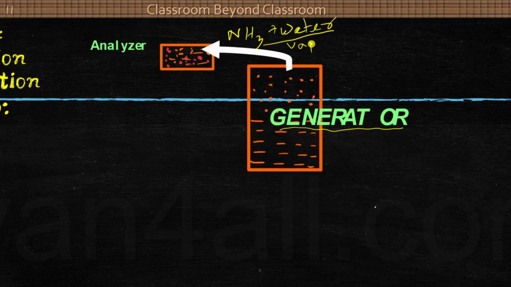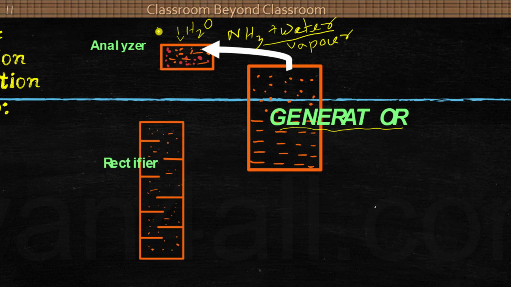The water part will be absorbed by the analyzer. It will analyze if there is any water vapor and absorb it from the ammonia vapor. But there may still be some water vapor present with the ammonia vapor, and that is why it is passed through a rectifier.